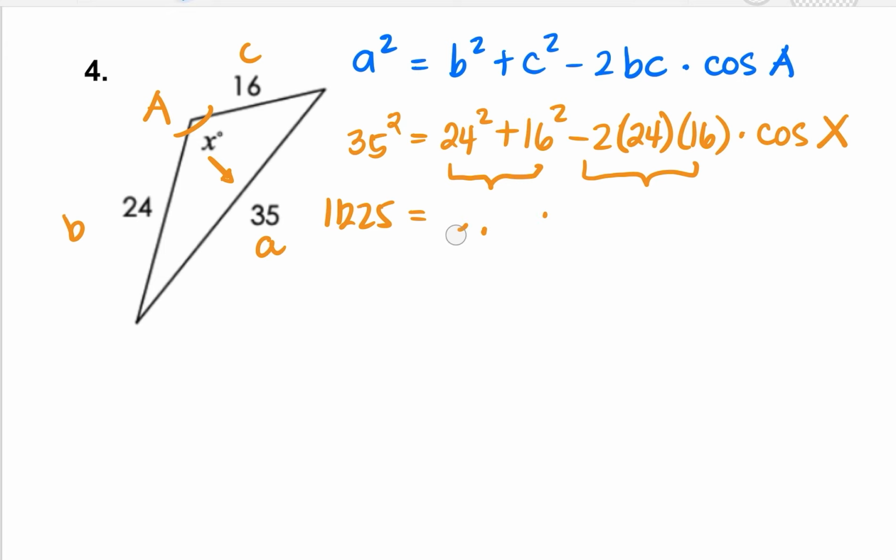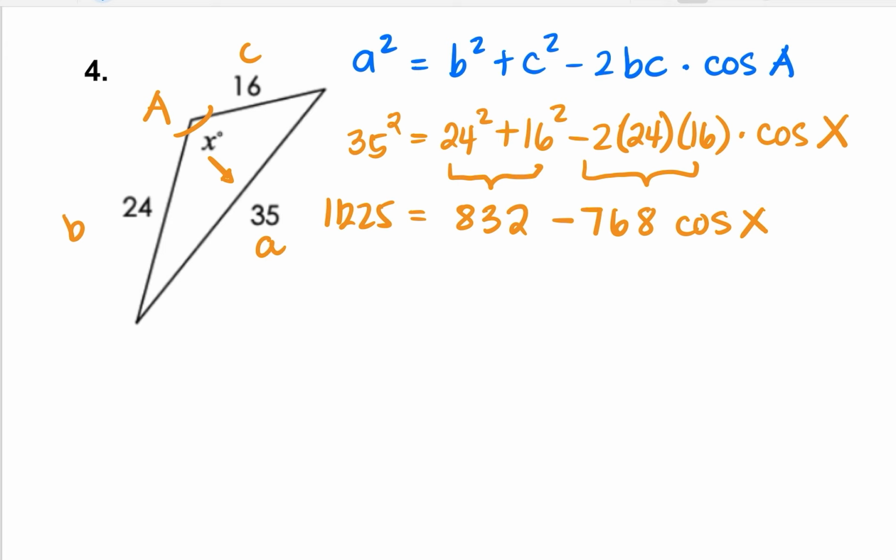Apologies. So this right here, if we are to add, that's not the product of the two. That's just squaring 24. So the sum of the squares, 24 squared plus 16 squared, should be 832. And then the product of the next three numbers is negative 768. We're going to drop cosine x.